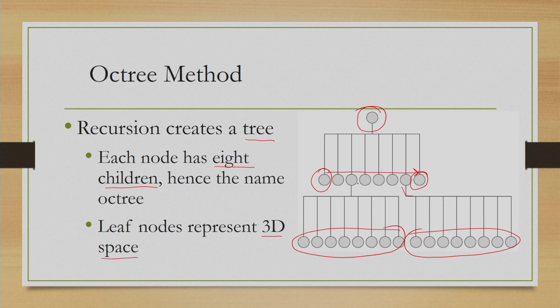So, all the intermediate nodes are intermediate representations, they do not represent the final object. At the leaf level, the final object is represented. Remember here that along with the space, the attributes or the characteristic information is also stored at the leaf node level.